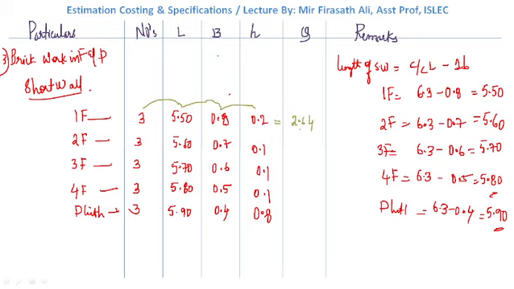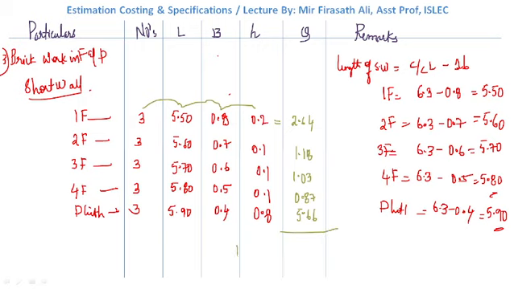The next value will be 1.18. What will be the next value? 0.03, 0.87, 5.66.